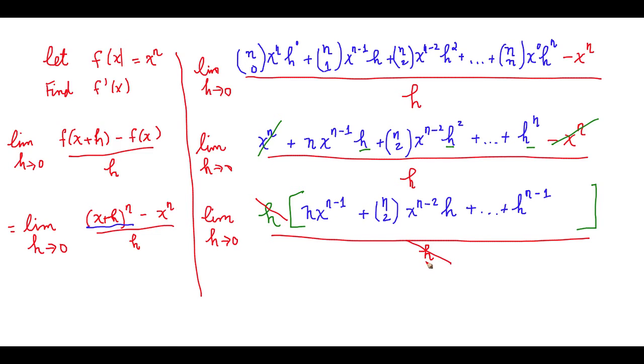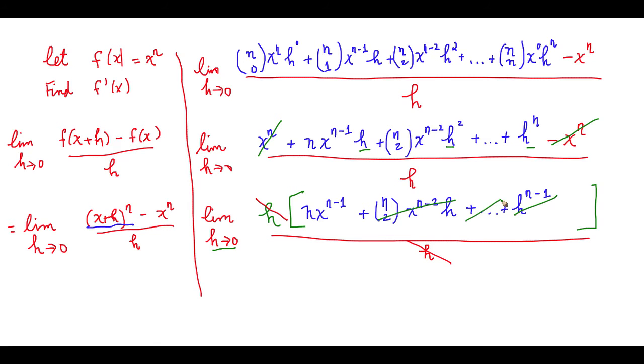And now, because we have got the h out of the denominator, we can substitute 0 for all the h's. Well, let's look at it again and see what happens when we substitute h equals 0. This h here will become 0, so this entire term goes away. This h here is 0 to the n minus 1, that entire term goes away. And then we have a bunch of terms in here that also have h's in them, in this little dot, dot, dot here.